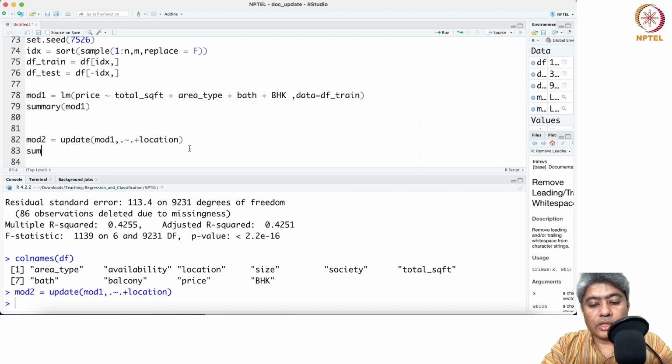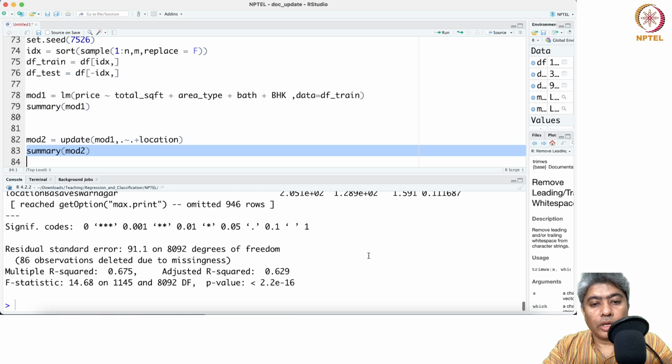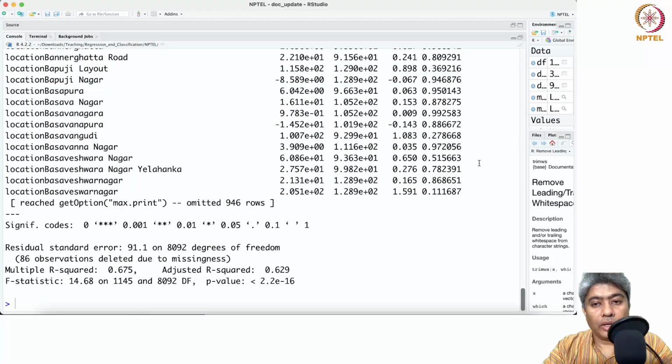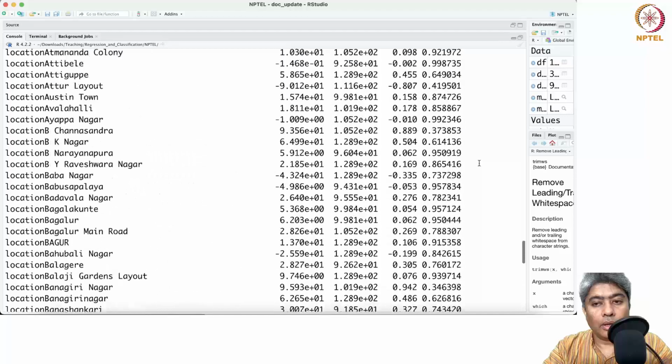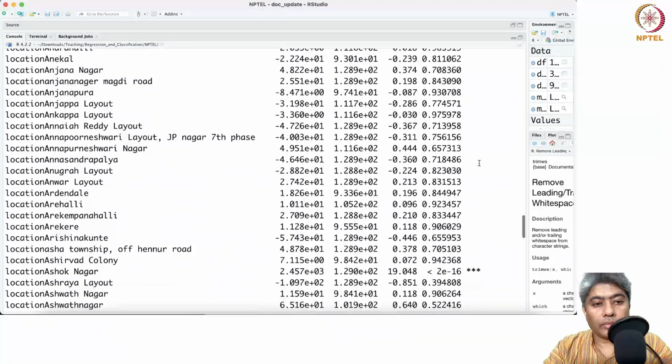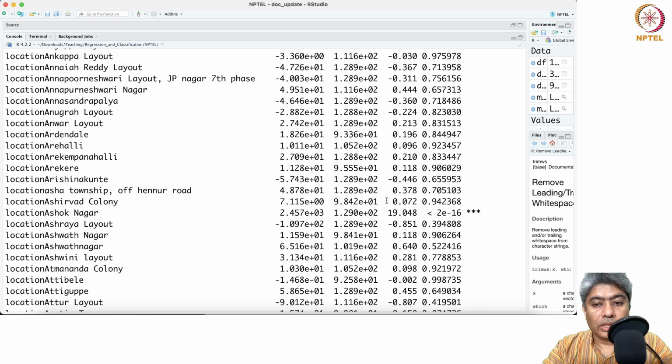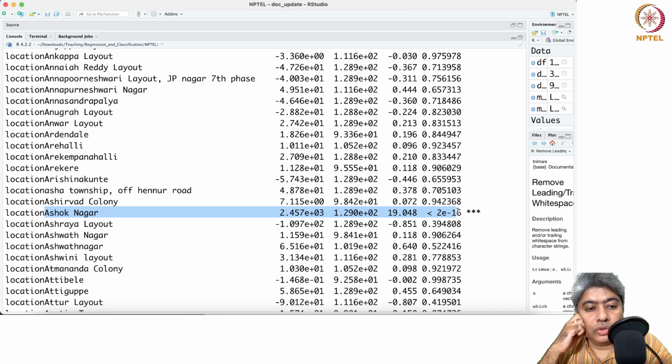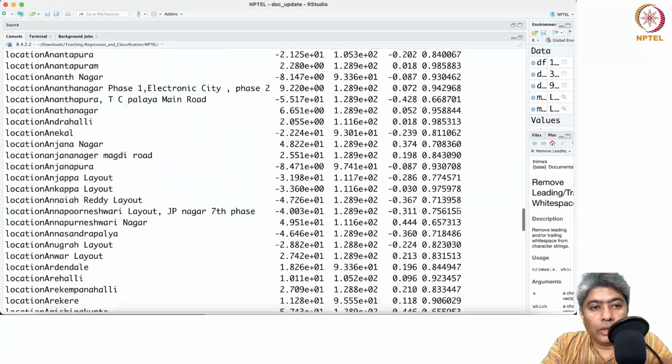Alright, and then let's see summary of mod2, and you can see that adjusted R square now went up to 0.629. See, Ashok Nagar has a very strong positive premium, looks like. Okay.